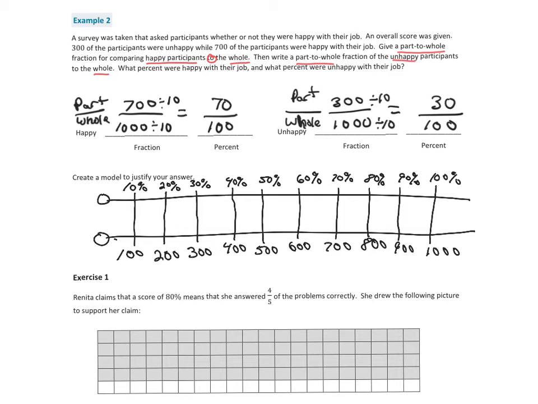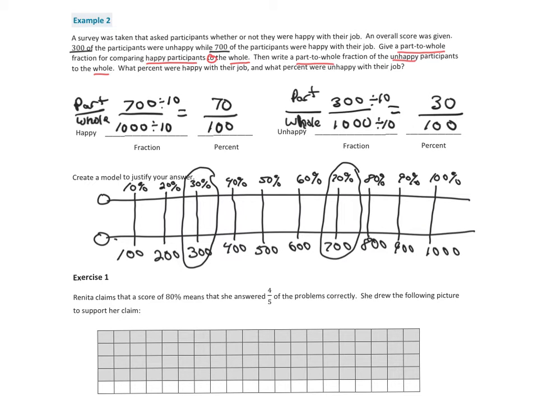Okay, so the ones who were unhappy would be the 30%, which turned out to be 300 people. And the ones who were happy, is that right? Would be the 70%, which would then be 700 people, which was the number that they gave us, the 700 and the 300. So that's just reviewing back double number lines for us.